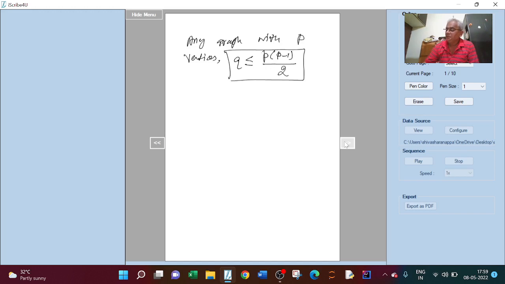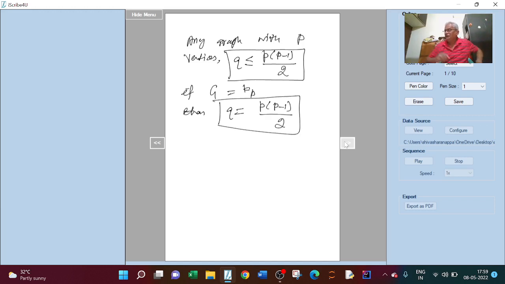So the number of edges is always less than or equal to p into p minus 1 by 2. And if this G is equal to Kp, then equality holds, that is q becomes p into p minus 1 divided by 2. So this is for the complete graph. And for any graph with p vertices, the number of edges is always less than or equal to p into p minus 1 by 2. Okay. Now we define some more concepts in graph theory.